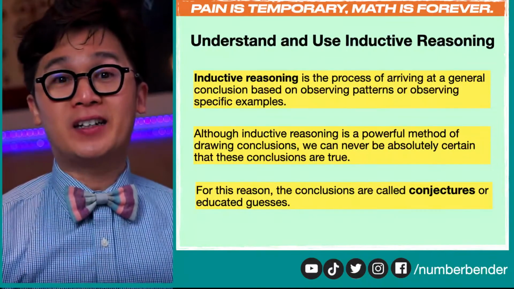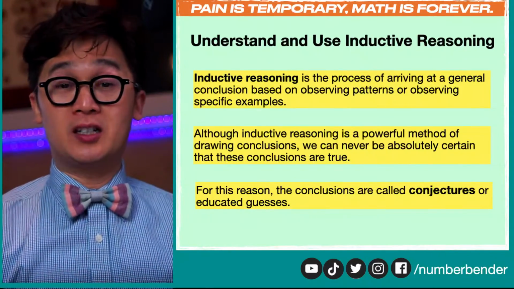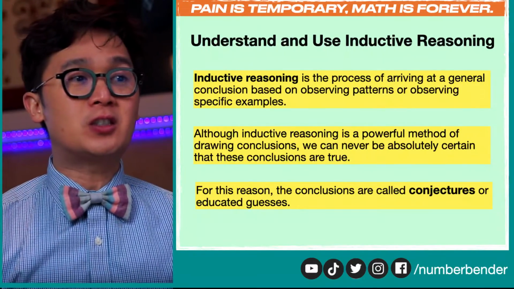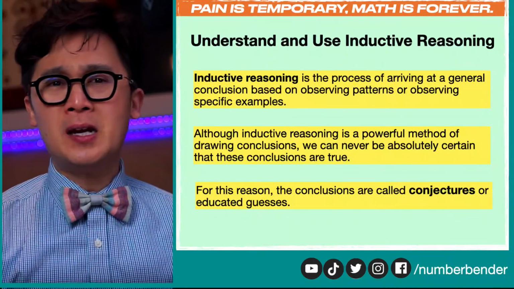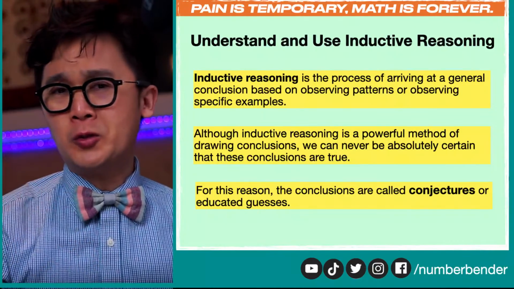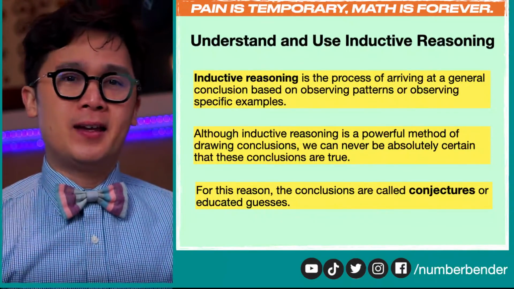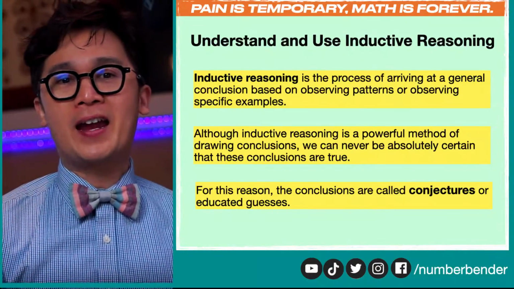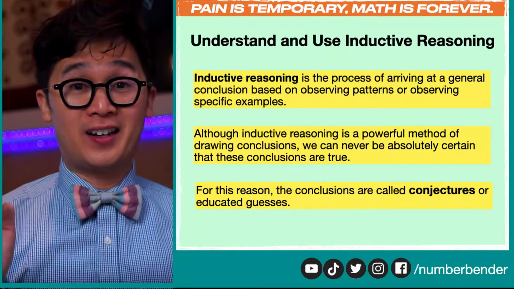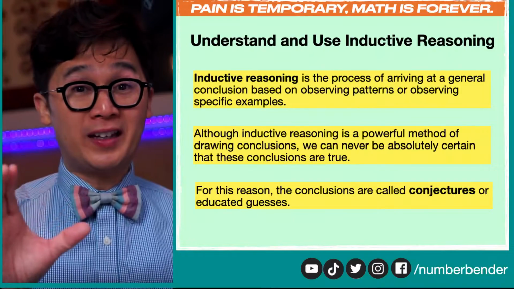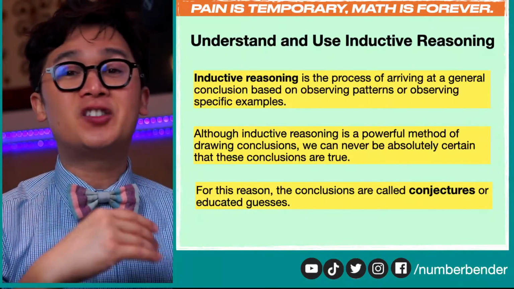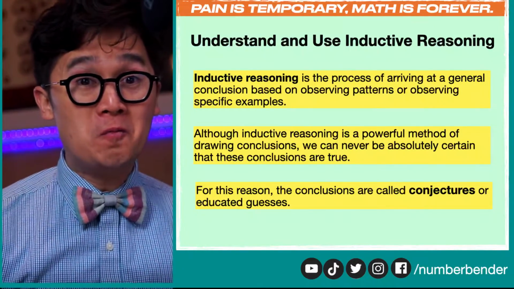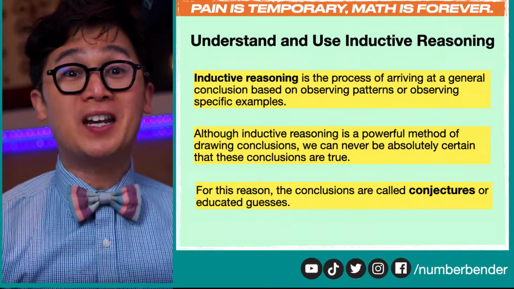In this particular case, we call it a conjecture. In mathematics, for this reason, the conclusions are called conjectures or educated guesses, because sometimes it's true, but at times it's not always true. So what I am saying about traffic and driving on a weekend compared to weekdays is just a conjecture because it's not always true, but most of the time it is.